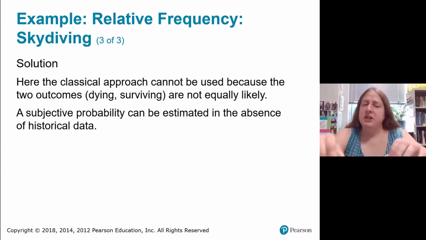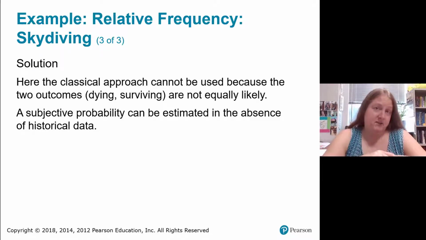Right? Subjective probability can be estimated if we didn't have that historical data. So you could say, how many people do I know that have skydived? And have any of them died? I personally would come at it and say the probability of dying when you skydive is 0. It's impossible.